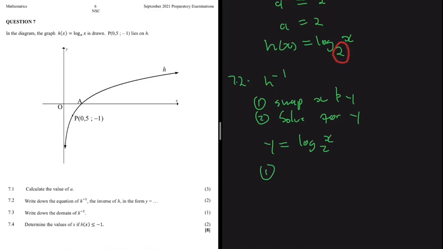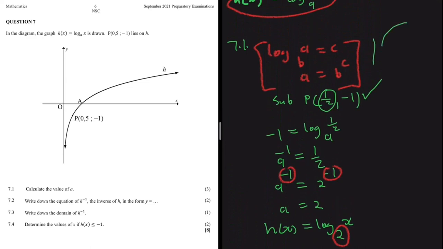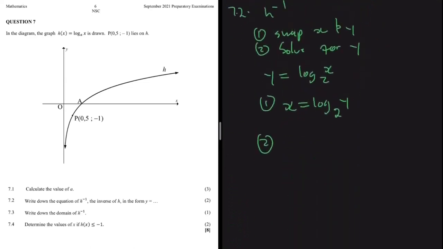In place of y, we're gonna put x, then this will equal log of, in place of x, we put y, and then base 2. So now we solve for y, and after we have solved for y, we have essentially found the inverse of our function. So let's do step number 2. For step number 2, we're using this rule again that I showed you up there.